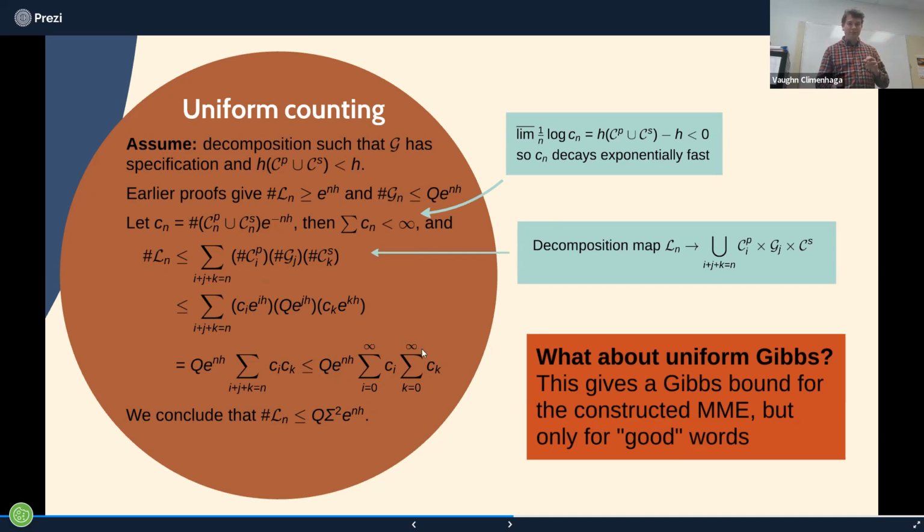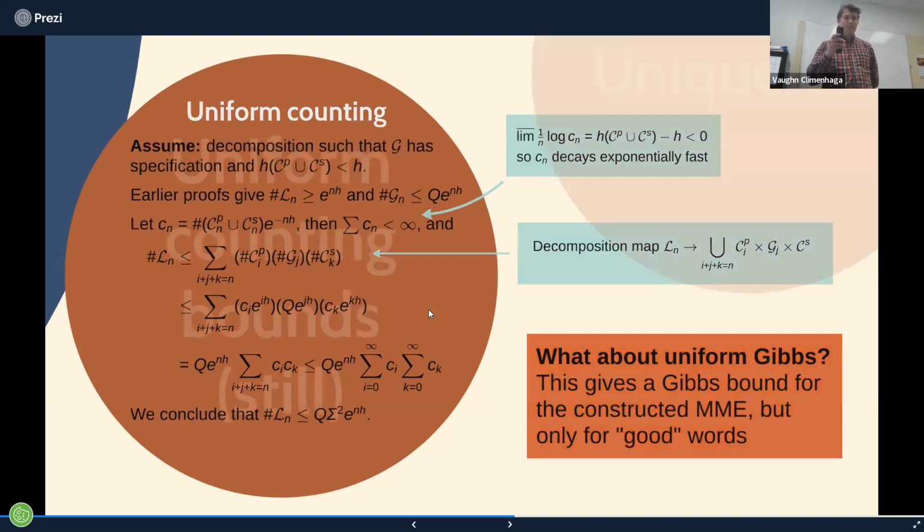What you get is a Gibbs bound for the Climenhaga-Thompson MME, but you only get it for good words. You get a lower bound on the weight of words that lie in your good collection G.